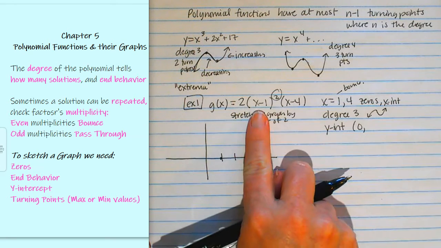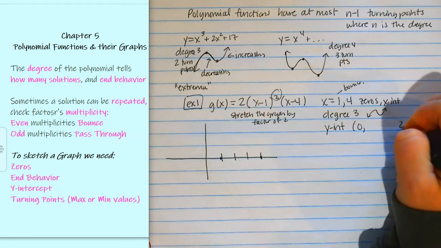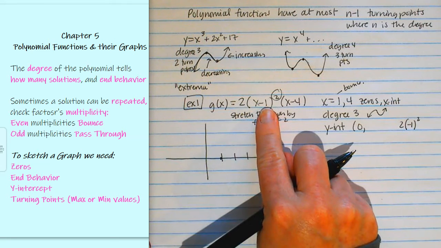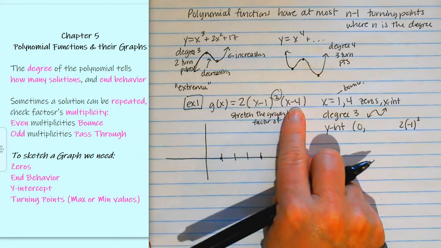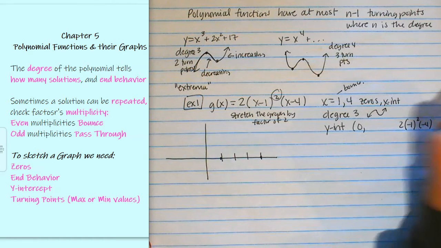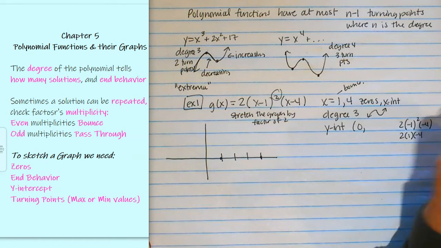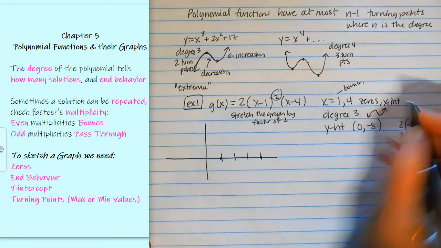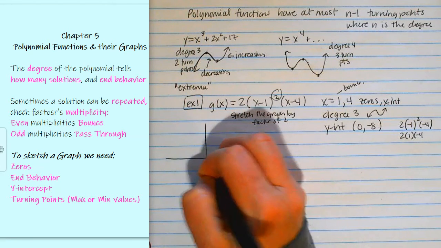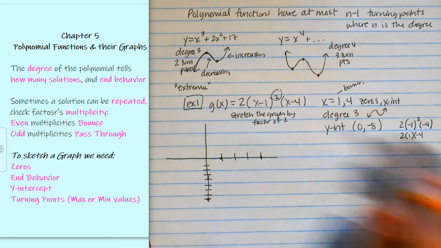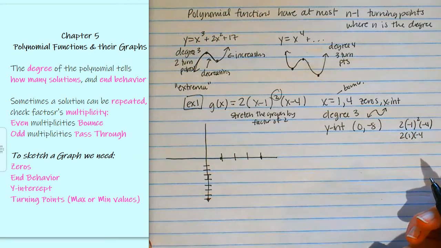So if I plug that into my equation, I'll have 2 times (negative 1) squared. 0 minus 1 is negative 1, and then 0 minus 4 is negative 4. That's going to give me 2 times 1 times negative 4, or negative 8. So I've got 1, 2, 3, 4, 5, 6, 7, 8. So this graph is not to scale because my x scale and my y scale are different.